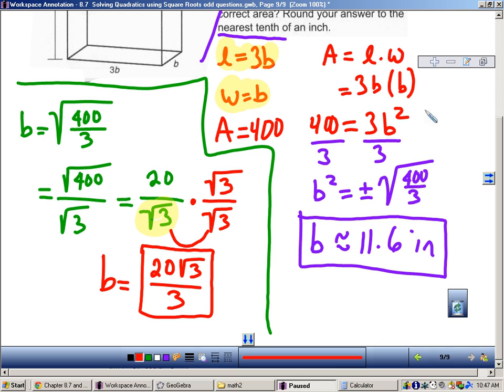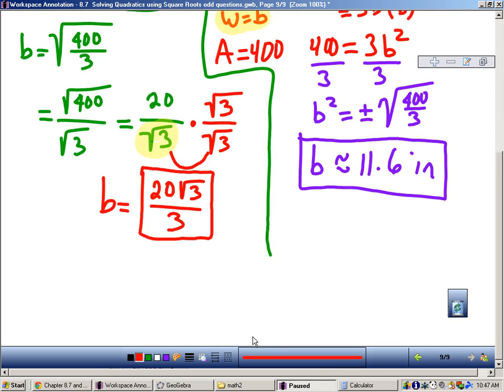So let's find the width. Okay, so we know the width of the rectangle is B. So the width is 20 radical 3 over 3.